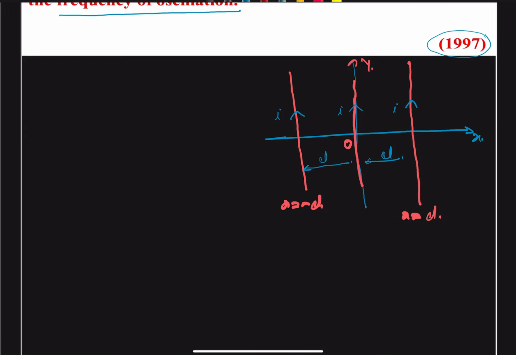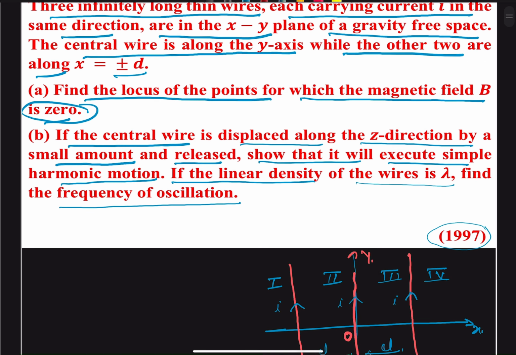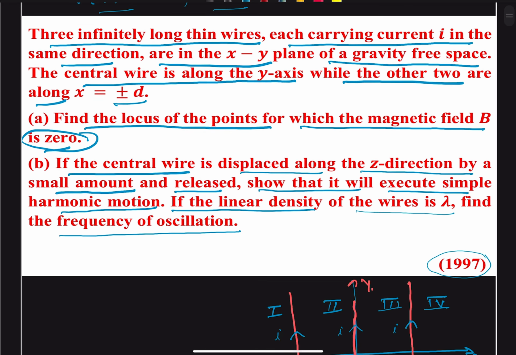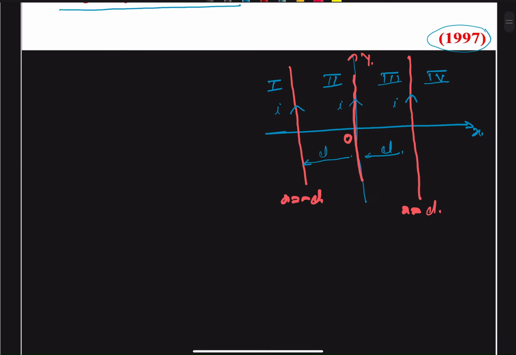So let us divide this entire schematic into regions. We have region 1, region 2, region 3, and region 4. So the total of 4 regions are there.